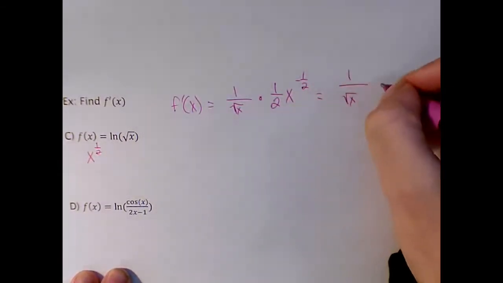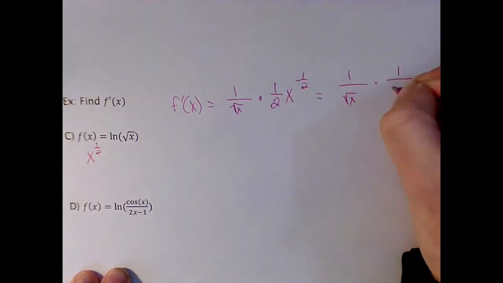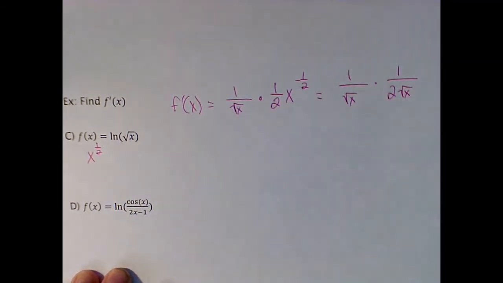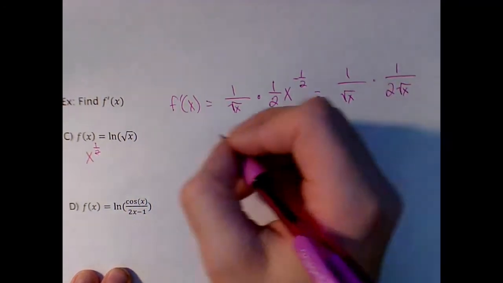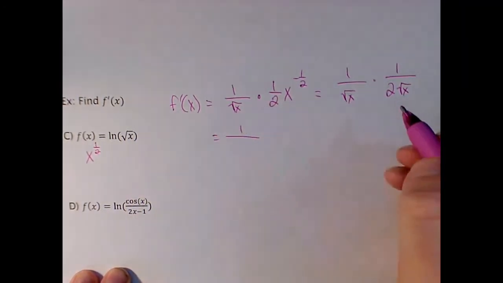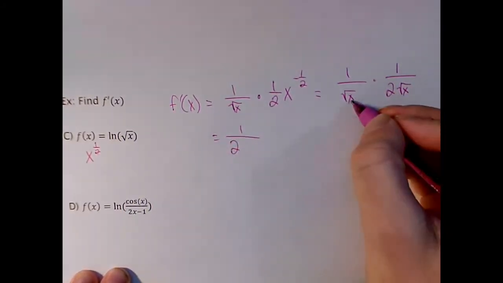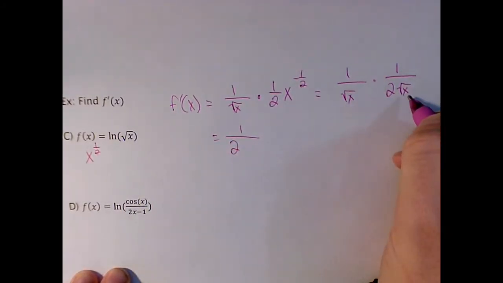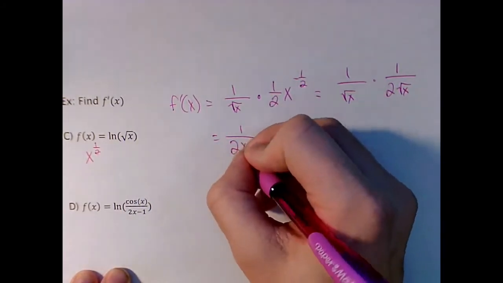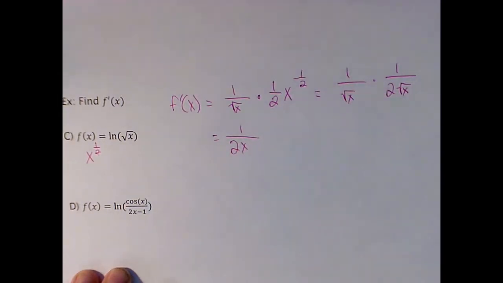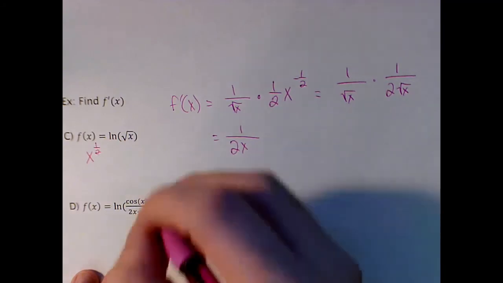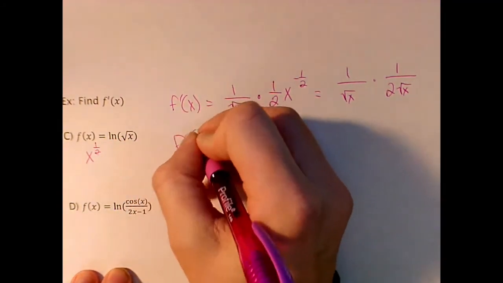Since that's a negative exponent, I have 1 over 2 x to the 1/2 on the bottom, which I know is just square root. So 1 times 1 on the top is 1. The square root of x times the square root of x is the same thing as the square root of x squared, or just x. That's that.